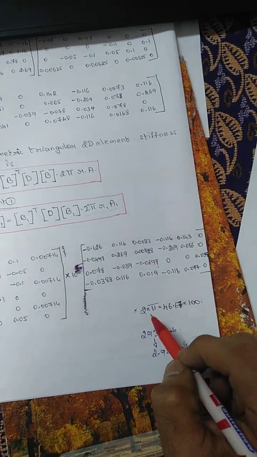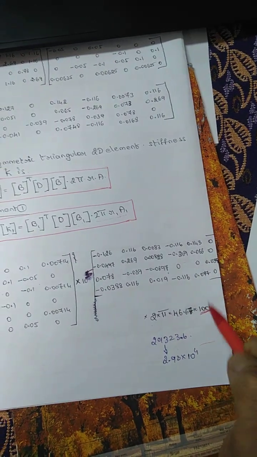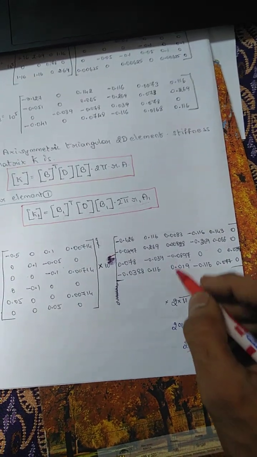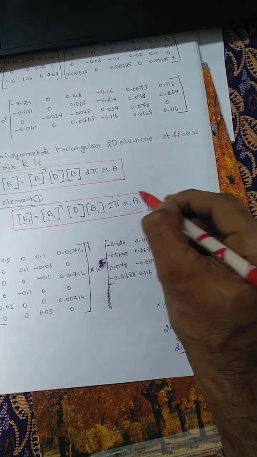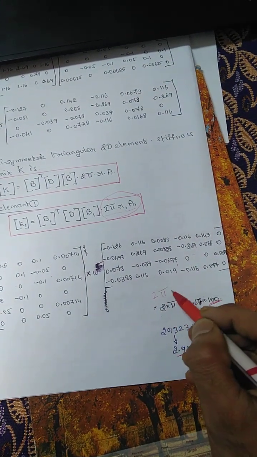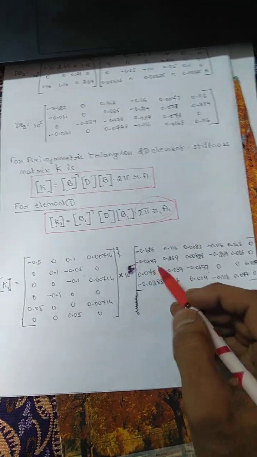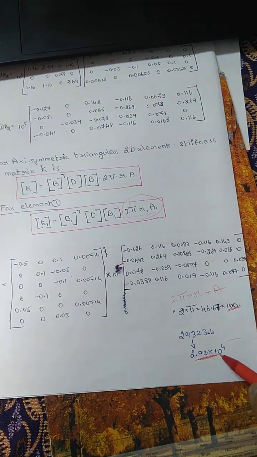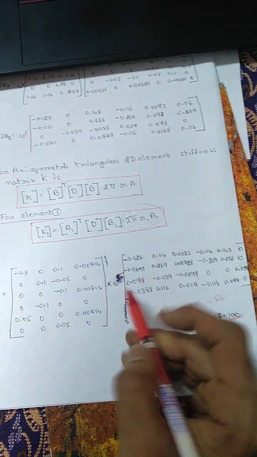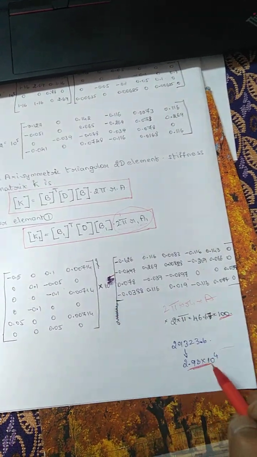So you have 2 pi into 46.67 into A is 100. After solving you'll end up with this value for this portion, 2 pi into r1 into A. So here there is 10 to the power 4, and here this is part of this equation, 10 to the power 5. So 10 to the power 4 times 10 to the power 5 is 10 to the power 9.